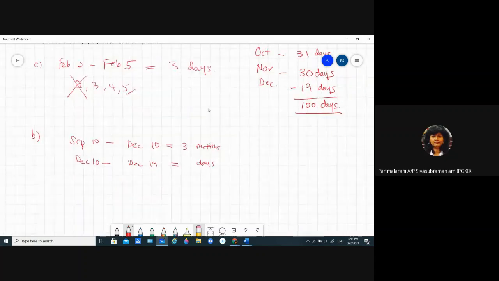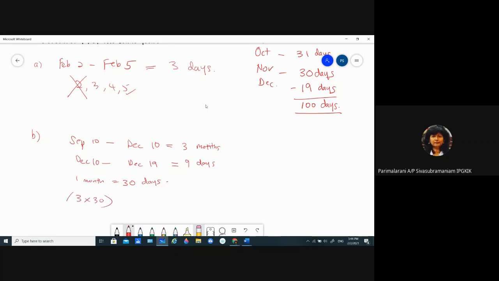So we know that there are 3 months and 9 days. In the approximate time method, we assume that 1 month is 30 days. So 3 months will be 3 times 30 plus the 9 days. This is 99 days.